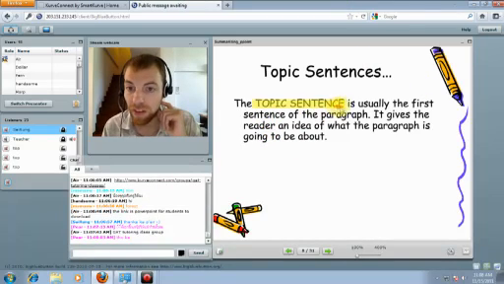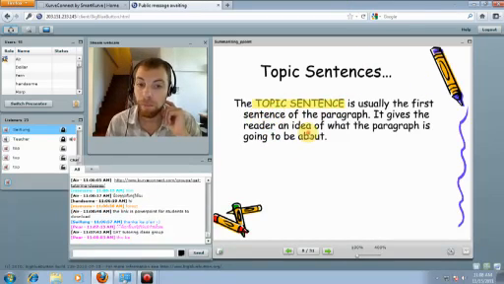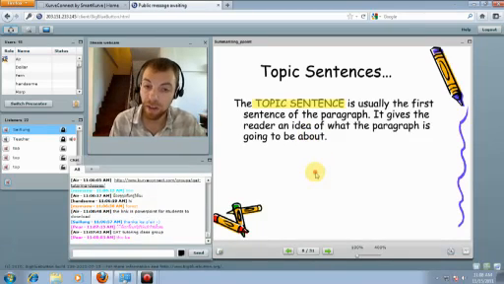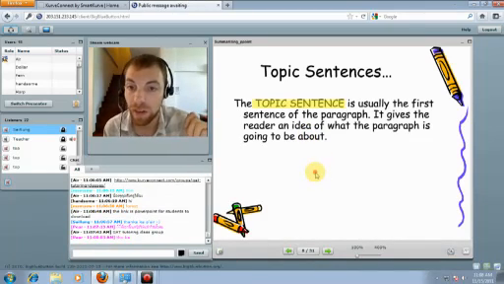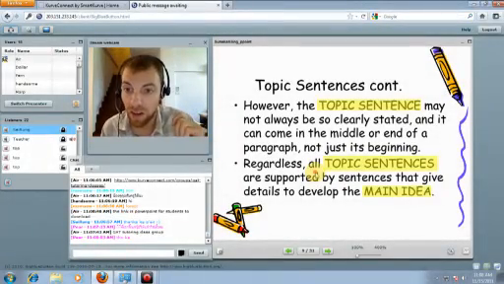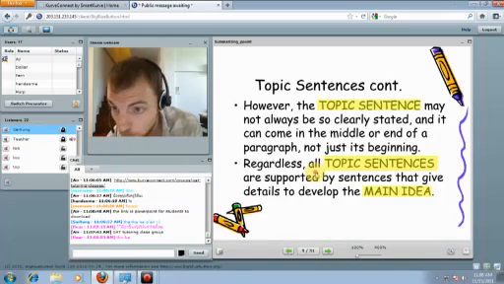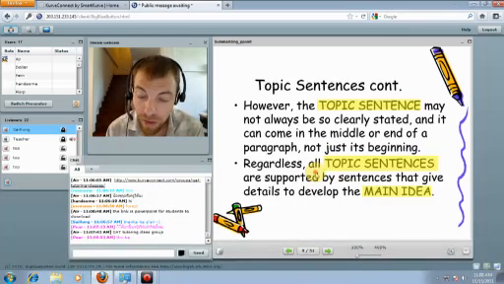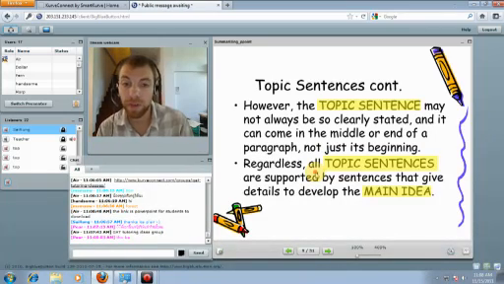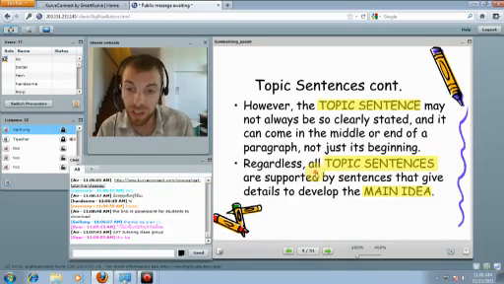Alright, so your topic sentence. Sometimes the topic sentence is very easy to find, sometimes not. Let's look at some examples. However, the topic sentence may not always be clearly stated. So like we said before, sometimes it is hard to see or find.